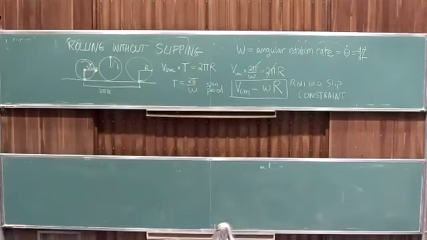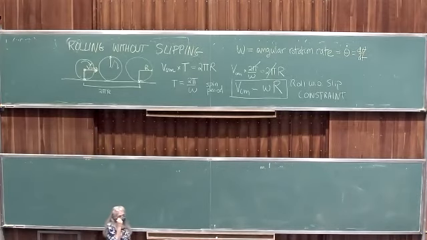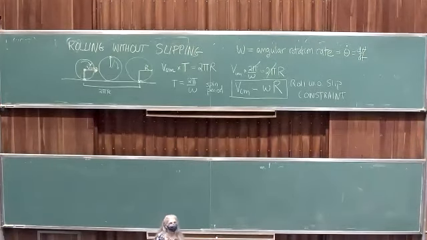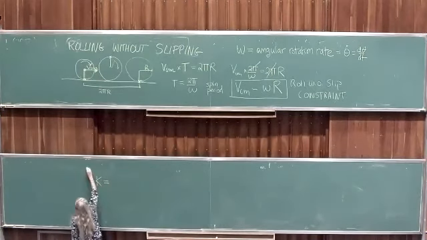So before I apply this, I have a couple more steps. So first I want to talk about translational and rotational kinetic energy. So a couple lectures ago, we talked about kinetic energy for a collection of particles.